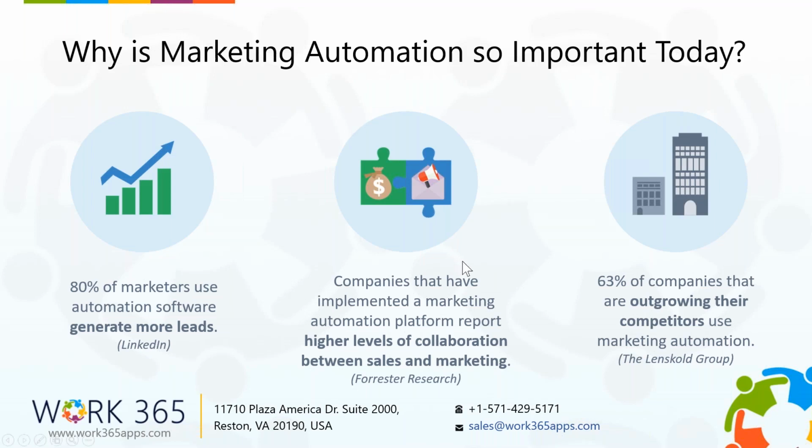Also, it's interesting that companies that have implemented a marketing automation platform have higher levels of collaboration between sales and marketing, so there's better alignment from that standpoint. And 80% of marketers using automation tools generate more leads.